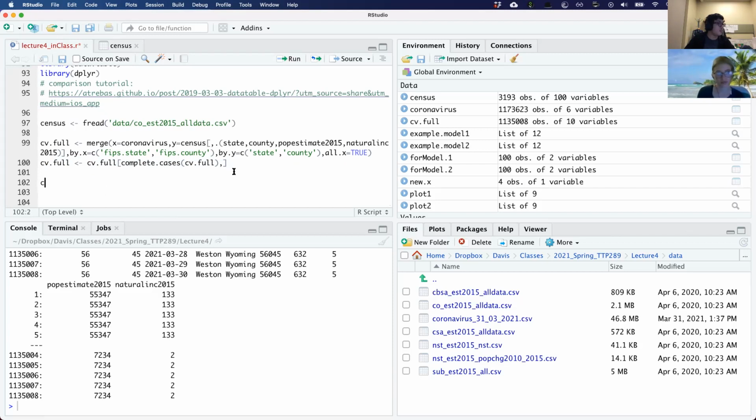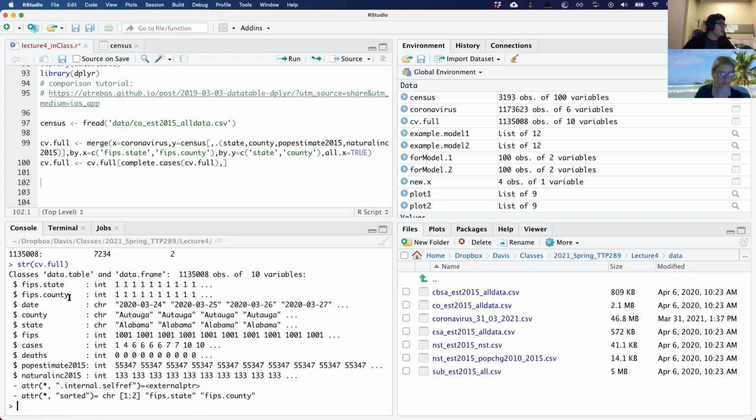If I look at the structure of the data, I will see that I've got some integers, some characters, some more integers. But actually the date, there's a specific date type that you can use. So we'll go ahead and convert that.